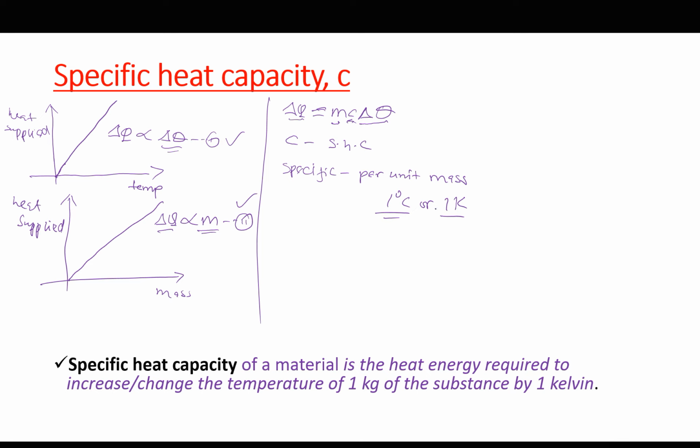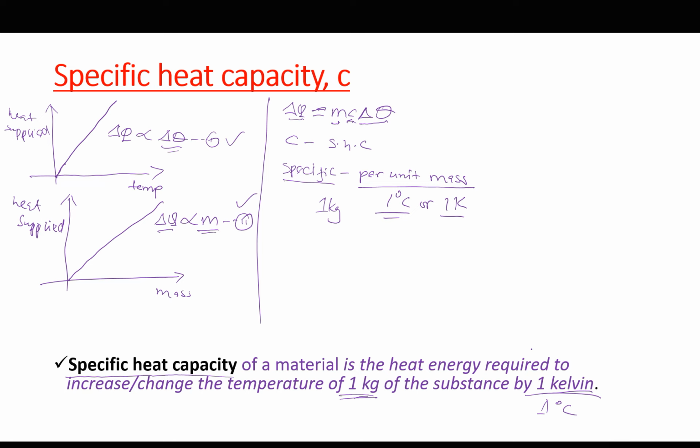If the substance is 1 kilogram, that is per unit mass, then this will be called the specific heat capacity. Therefore, we shall define specific heat capacity of a material as the amount of heat required to change the temperature of 1 kilogram of a substance by 1 Kelvin or by 1 degree Celsius.